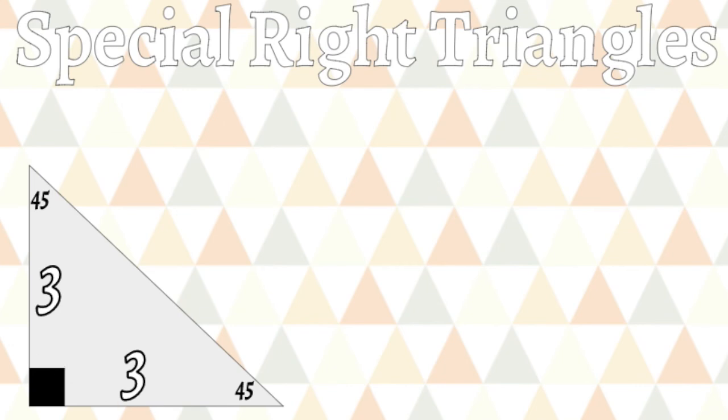In that third side, the hypotenuse, if we did all of this Pythagorean theorem stuff out here, we would get that 18 equals c squared. And if I simplify the square root of 18, I just get 3 root 2. So that number out here comes right here, times the square root of 2.